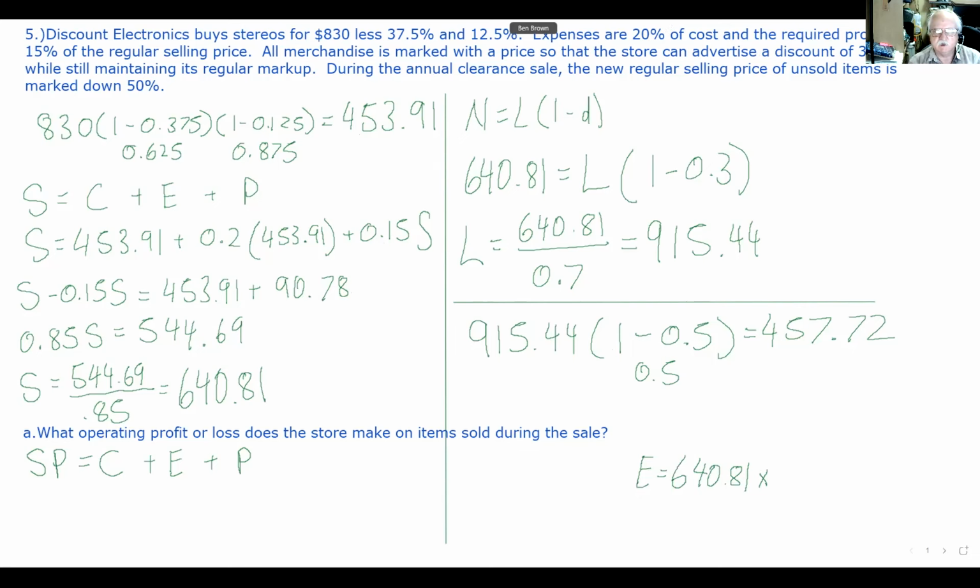So let's back up there. Expenses are 20% of cost, and cost was 453.91 times 0.2, which I think we already figured out as being 90.78.